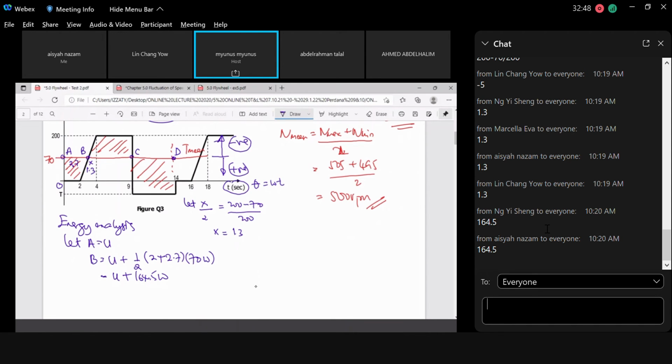So we come back here, then C is equal to U plus 164.5 omega, minus another trapezium, which is 5 plus 5 plus the small portion that you calculated earlier, 1.3, multiplied by 200 minus 70.